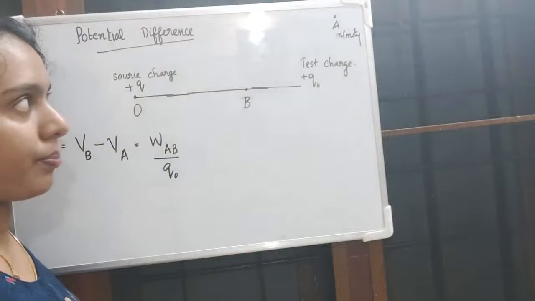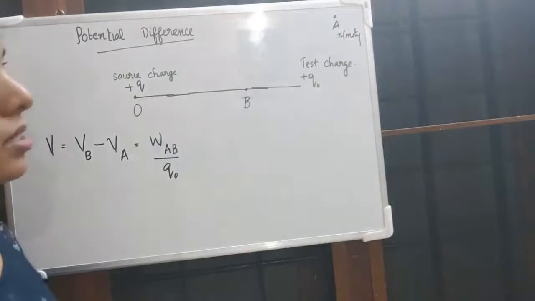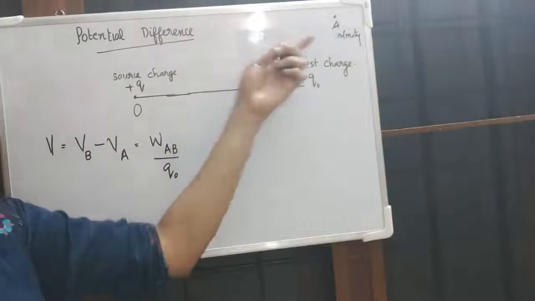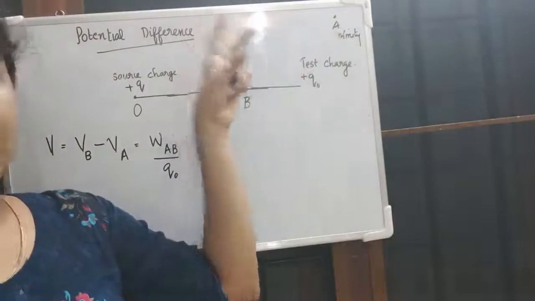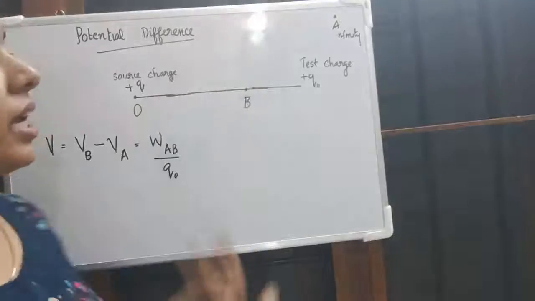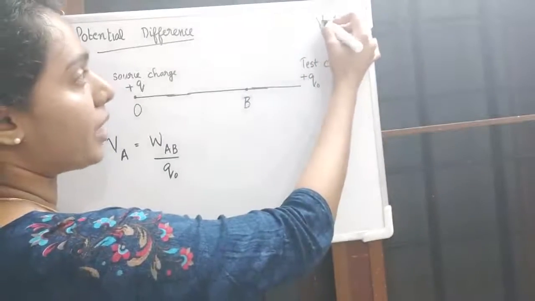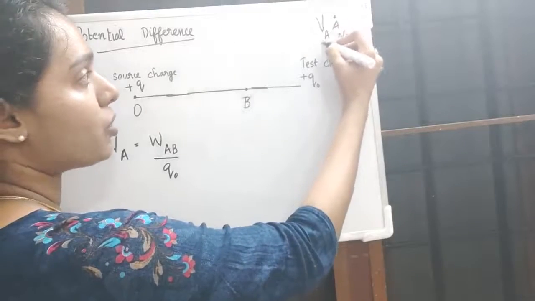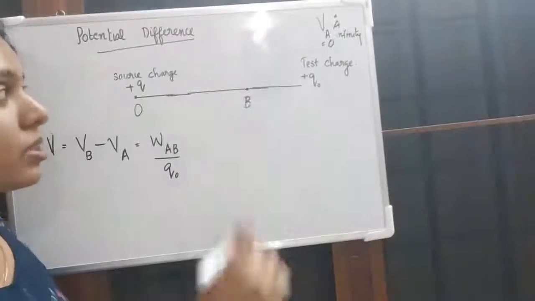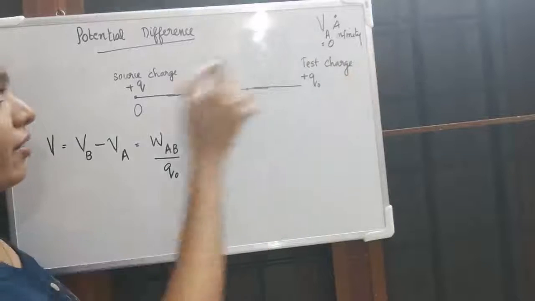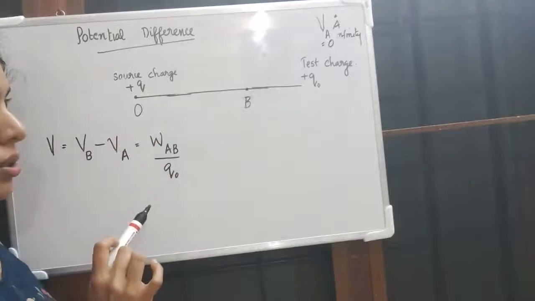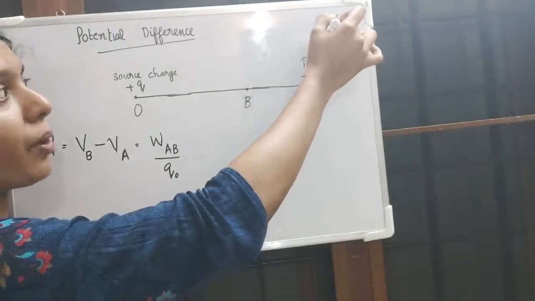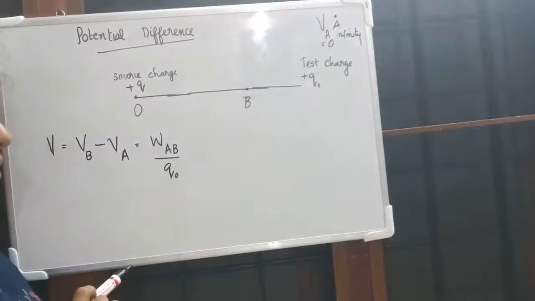So since this point A is at infinity, we can take the potential at the point A, VA, to be 0, because it is very far away from this source charge.